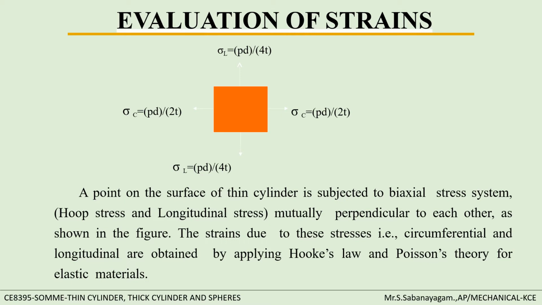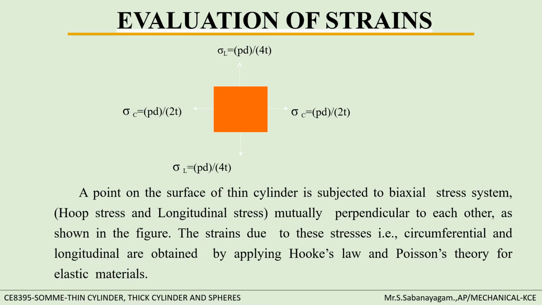Consider a rectangular hollow block. In the x-axis the circumferential stress or hoop stress will be acting, and in the y-axis the longitudinal stress will be acting. Circumference is nothing but the diametral part, so this will be the front view of the hollow block.